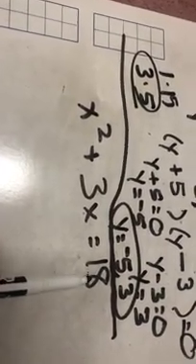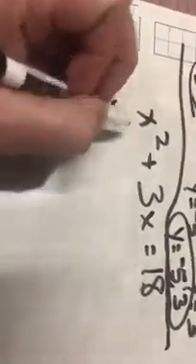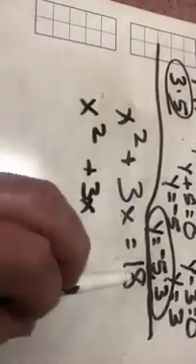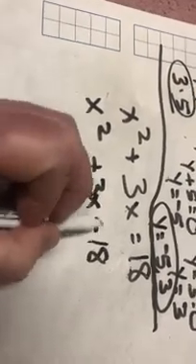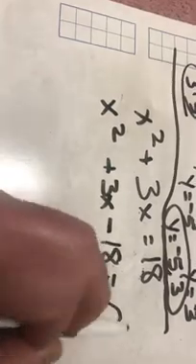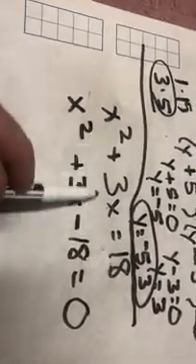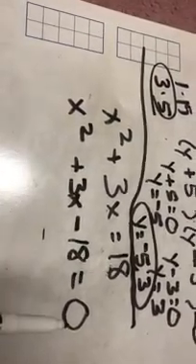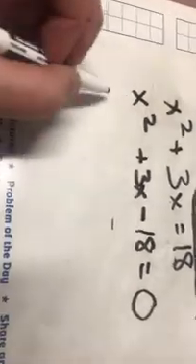So to get 0, I'm going to have to subtract 18 from both sides, which means I'm going to end up with x squared plus 3x minus 18, and then 18 minus 18 equals 0. I've subtracted 18 from both sides. Now I just need to factor it.